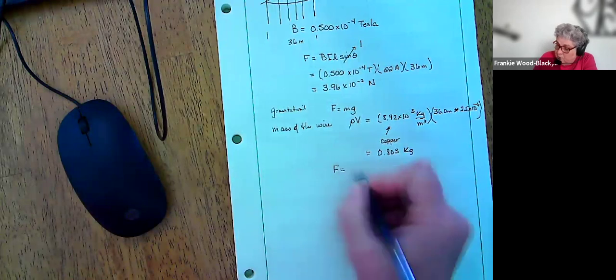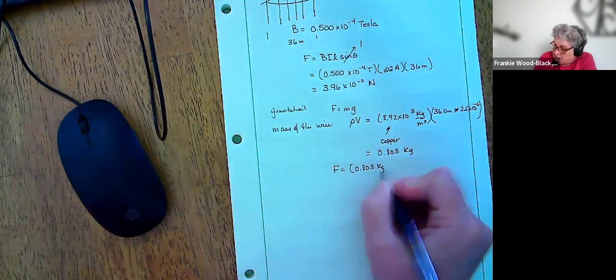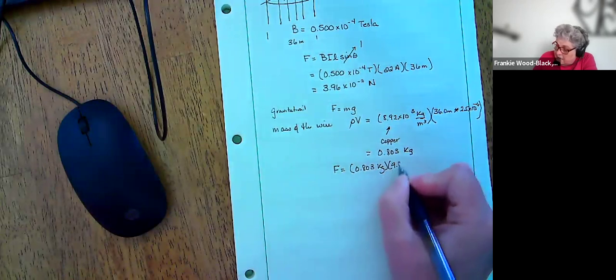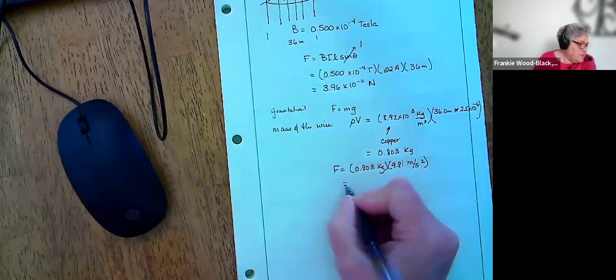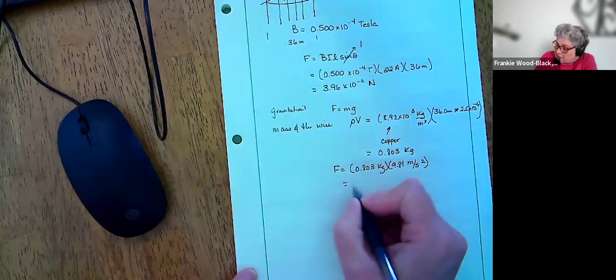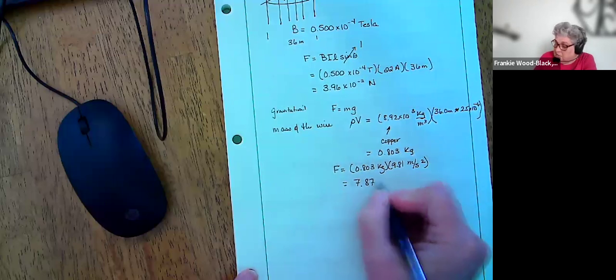The gravitational force is going to be my 0.803 kilograms times gravity of 9.81 meters per second squared. And my gravitational force is going to end up being something on the order of 7.87 newtons.